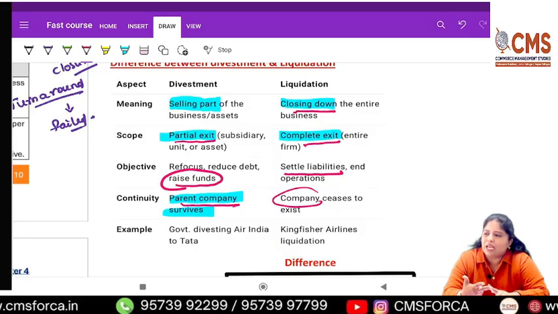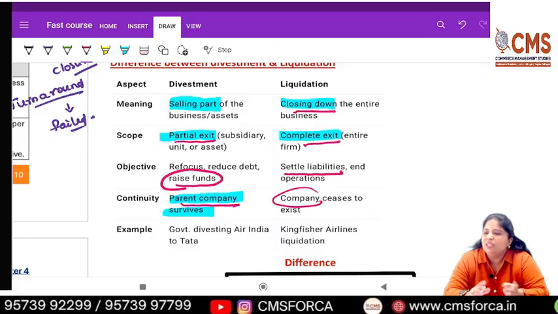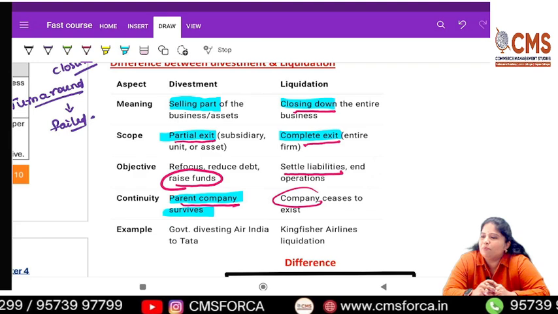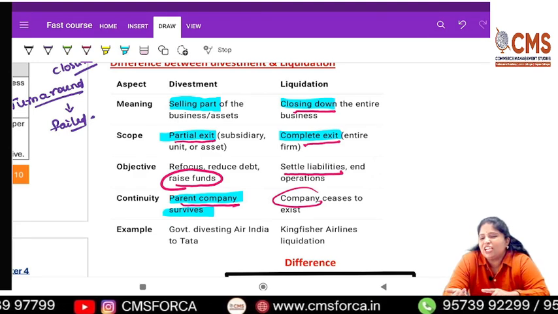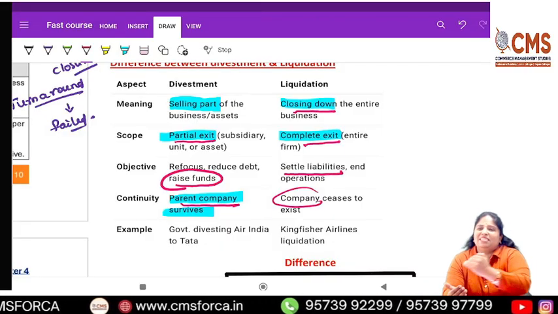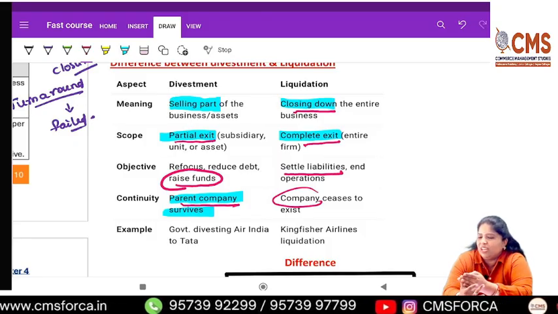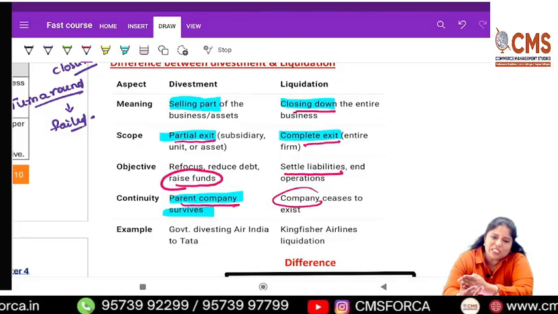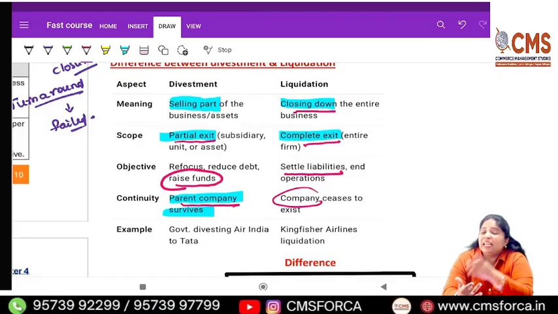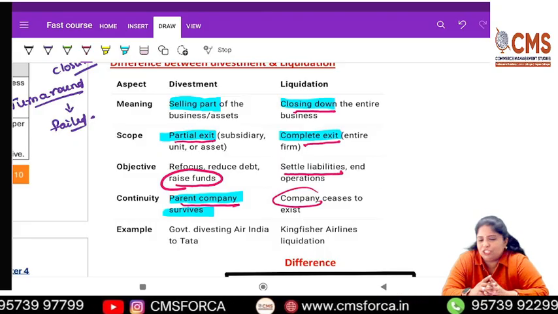Expansion strategies come in two types, internal growth and external growth. Internal growth strategies come in two types, intensification and diversification. Intensification comes in three types: market penetration, market development and product development. Diversification comes in related diversification and unrelated diversification.